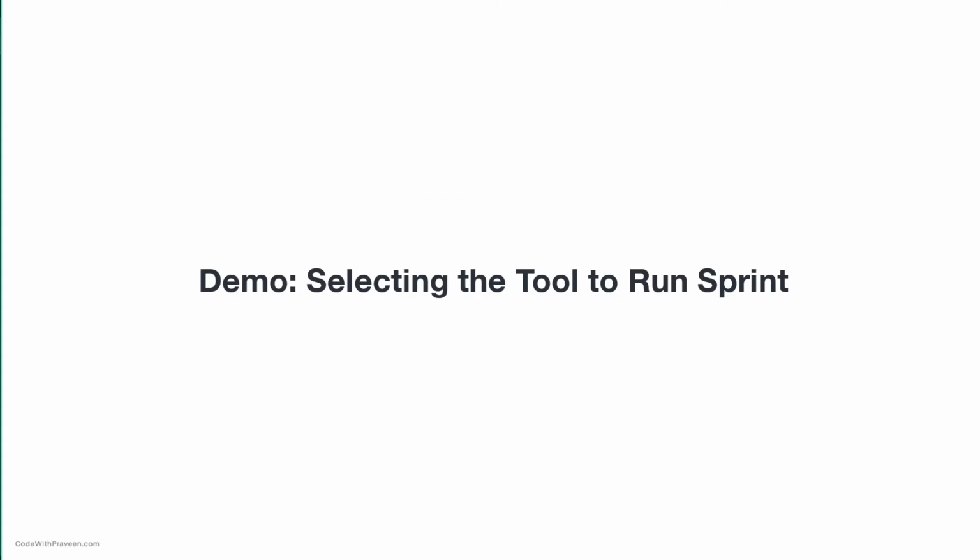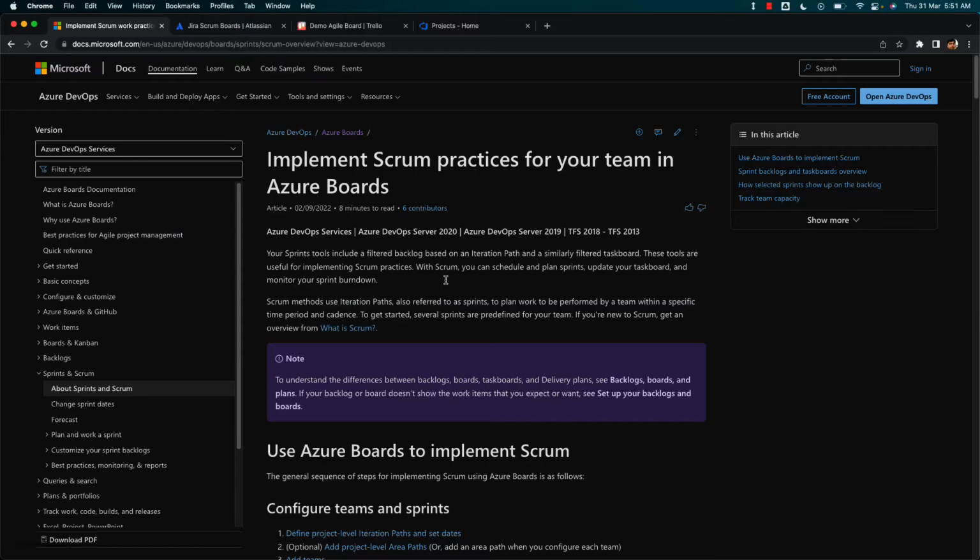Next, let's look at the different set of sprint tools available in the market. Although there are many, I'm going to show you the top 3 that are predominantly used by many other teams. The first is from Microsoft, namely Microsoft Azure DevOps. This is the most popular tool when it comes to using the Scrum at various industries that predominantly work with Microsoft technologies.